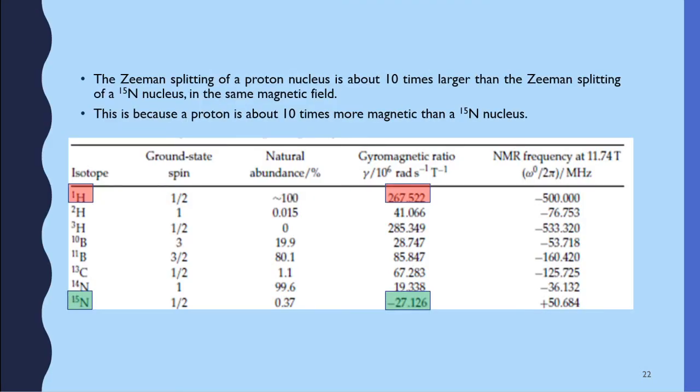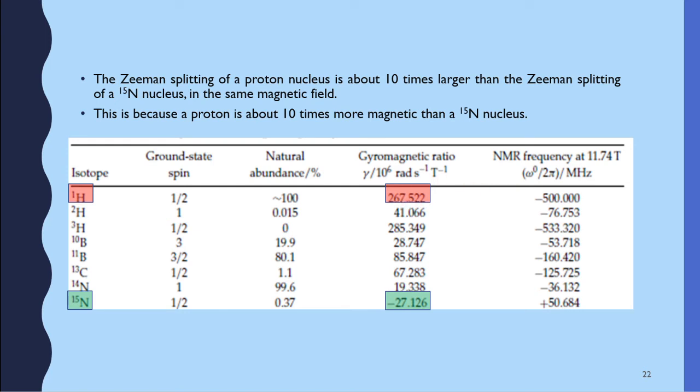Well, if you look at the table, it's because of the values of the gyromagnetic ratio. For the proton it is much larger, and that's why the splitting is large.